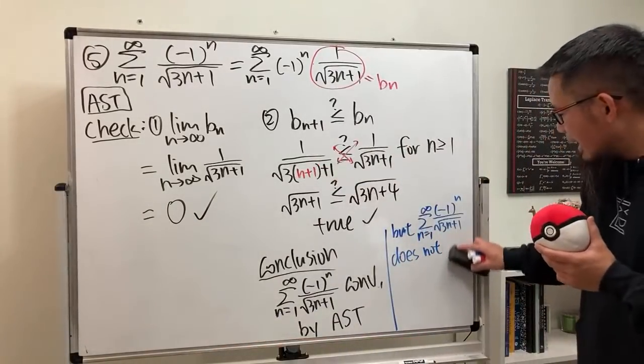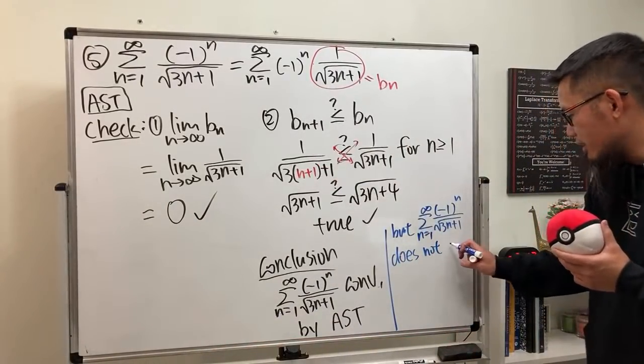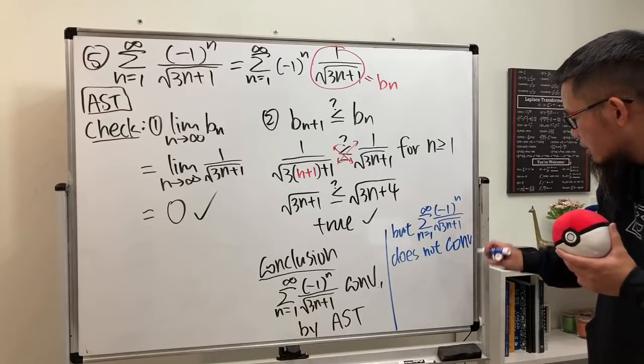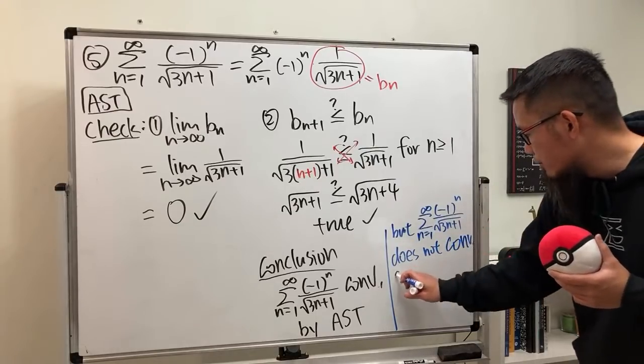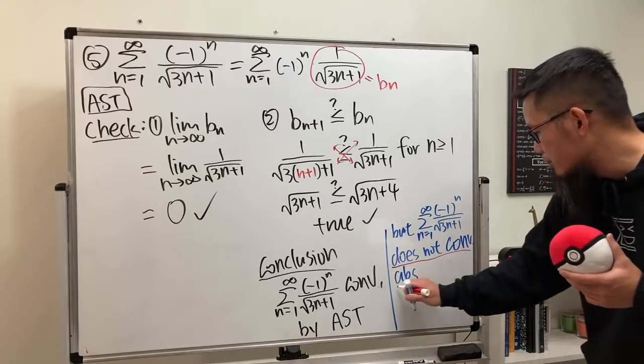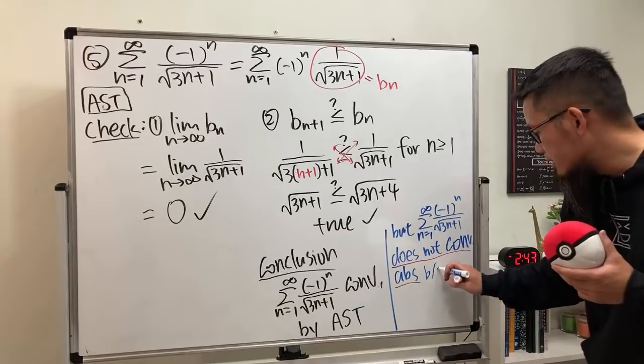I have a problem with writing C and O together. So the key is it does not converge absolutely.